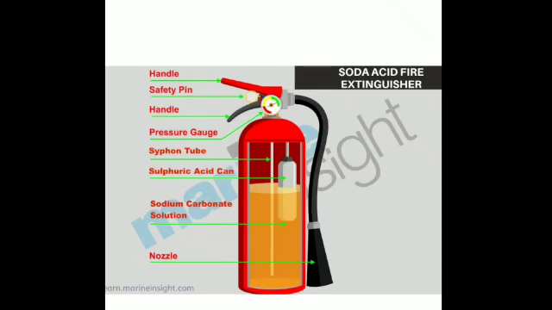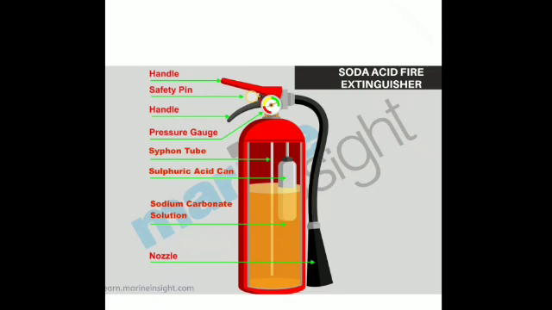The next type of fire extinguisher is the soda acid fire extinguisher. It consists of a container filled with sodium bicarbonate solution and a sealed glass bottle containing sulfuric acid. Here this contains sulfuric acid. When the extinguisher is to be used, the glass bottle containing the acid is broken.